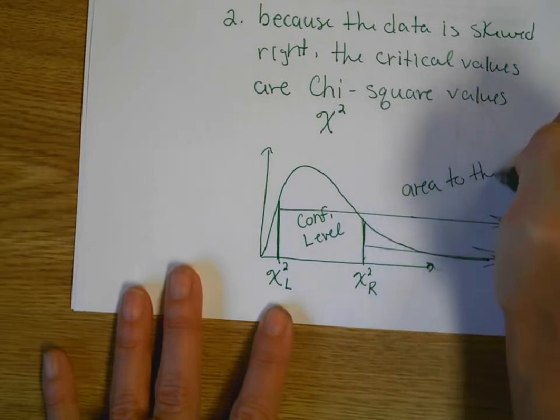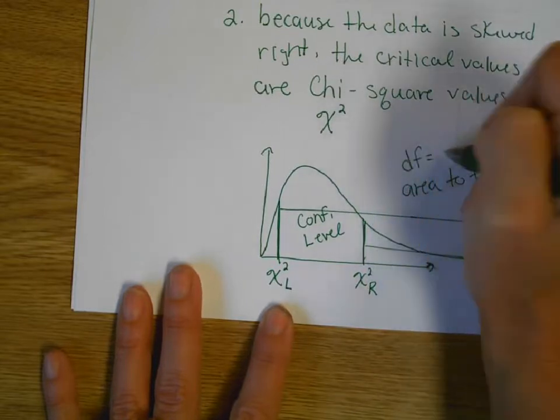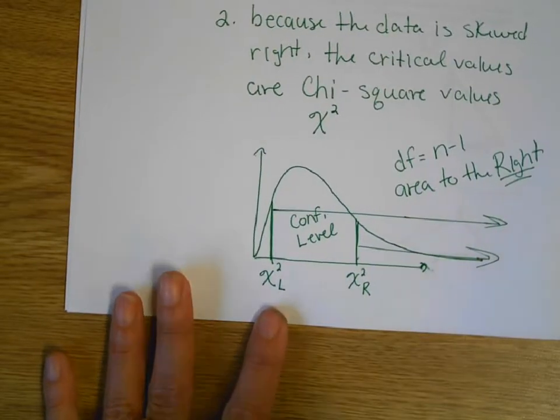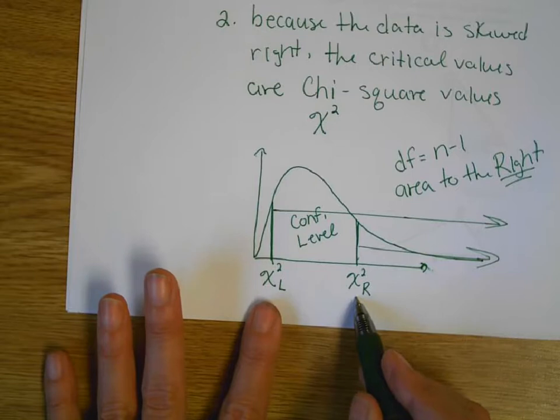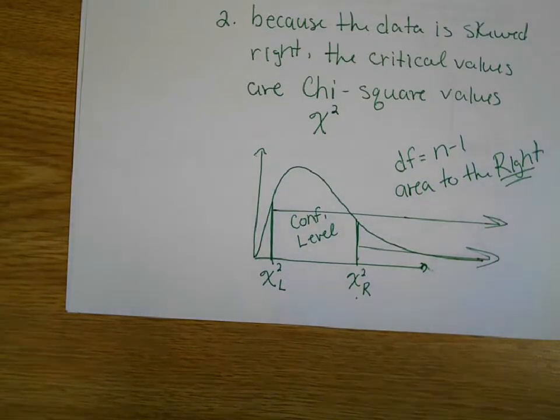Degrees of freedom equals sample size minus 1. Those are the two things you need to know to find your critical chi-square values. So let's practice reading the table before we do our three-step process.